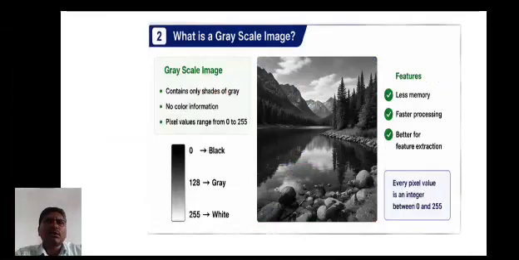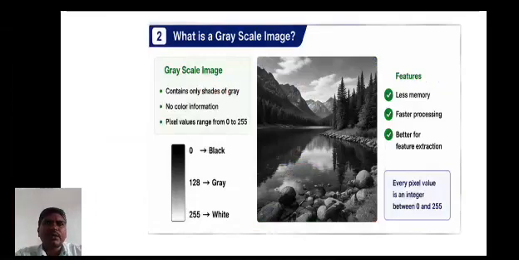Next, what is a grayscale image? Let's first understand the grayscale image. A grayscale image contains only different shades of gray. Unlike a color image, it does not contain red, green or blue color information. There is no color information here.